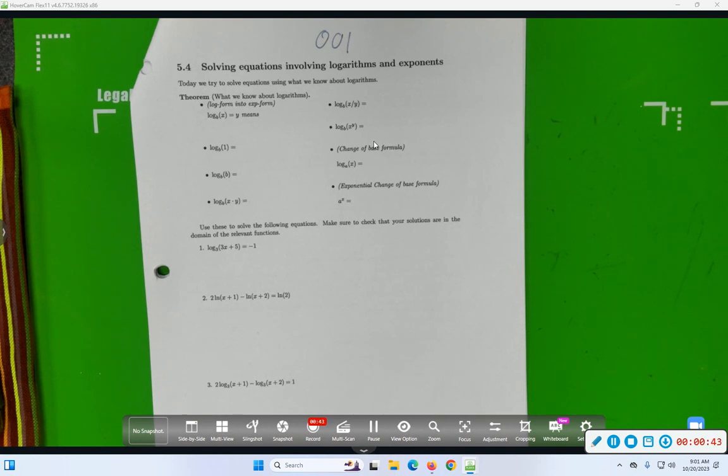And let's start by just reminding ourselves of the logarithm laws. The log form to x form rule. If someone writes down log base b of x equals y, how could you rewrite that as an exponential? b to the power of y equals x. b to the y equals x.